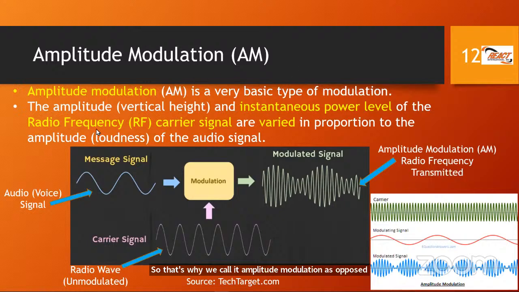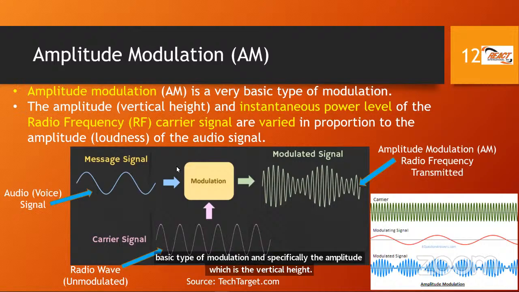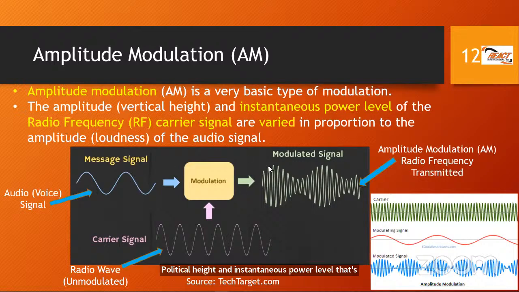So this is the bit of information that you will need to know for the exam. Amplitude modulation is a very basic type of modulation, and specifically the amplitude, which is the vertical height, and instantaneous power level of the radio frequency carrier signal, that's this, are varied. So we are varying it in proportion to the amplitude or loudness of the audio signal.